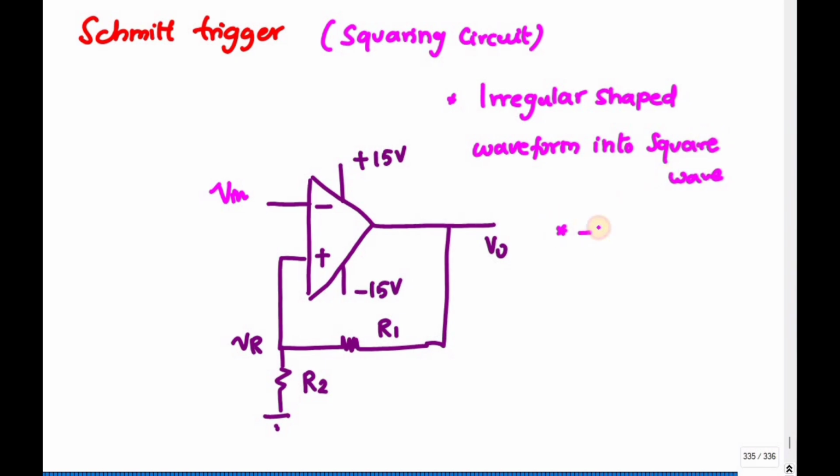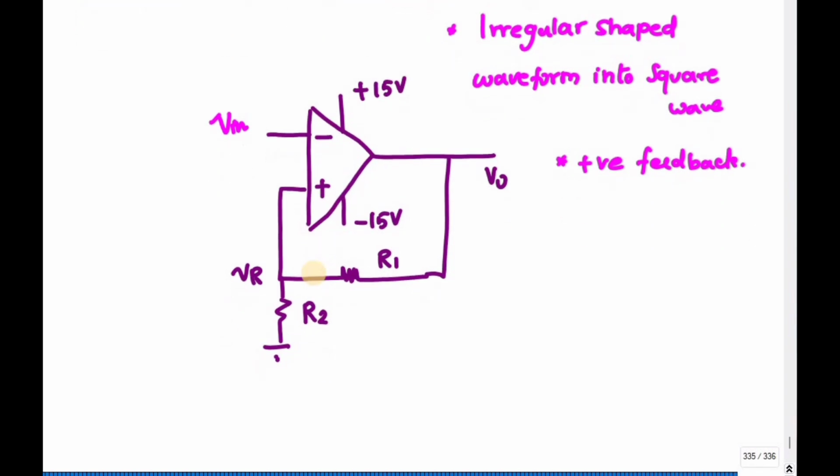And I already told you it uses a positive feedback, right? I have told you it is a comparator. So you can see I can derive the value of VR first.